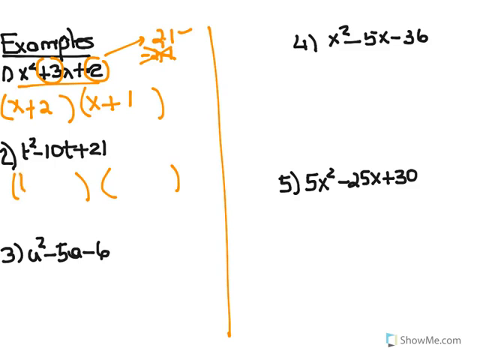Again, t and t. Correct? So I'm going to see what I have for 21. 21 is different. 21 is not prime.